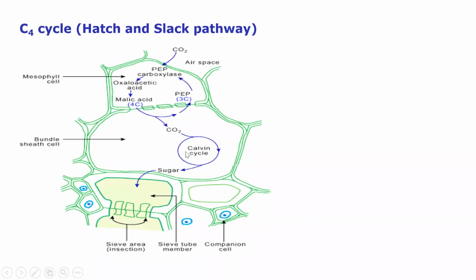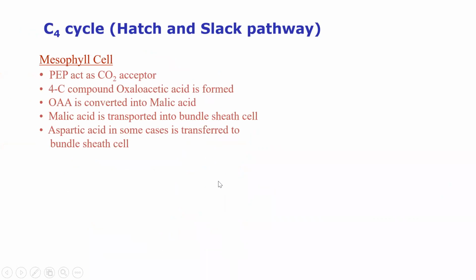What is actually, you can see the Calvin cycle, or that is the diagrammatic view anyway. So you can see PEP acts as a CO2 acceptor. The 4-carbon compound oxaloacetic acid is formed. Now OAA is converted into malic acid. Malic acid is transported into the bundle sheath cell. In some cases, aspartic acid is transferred, right?